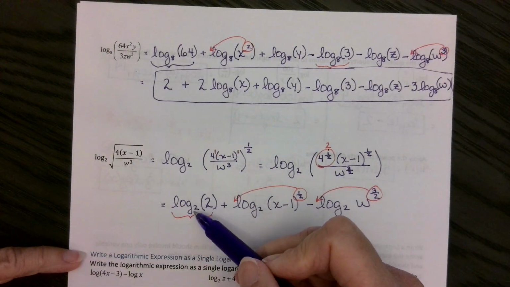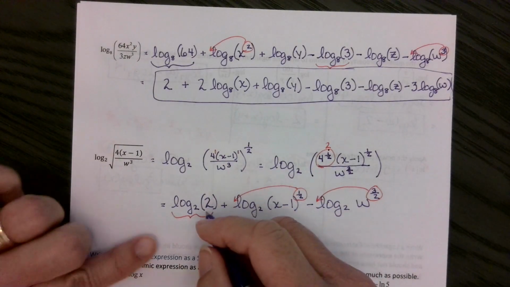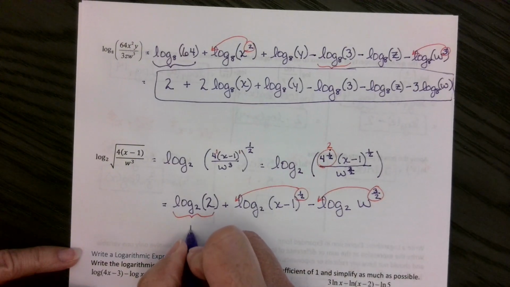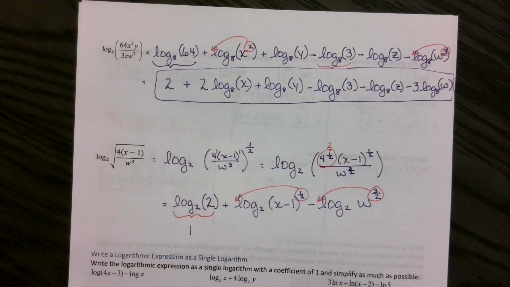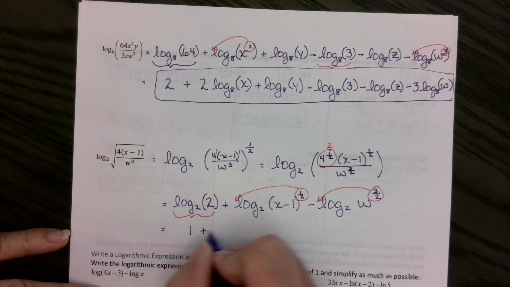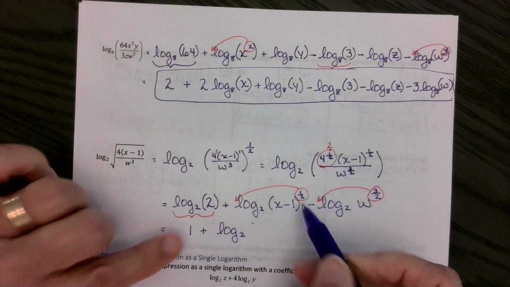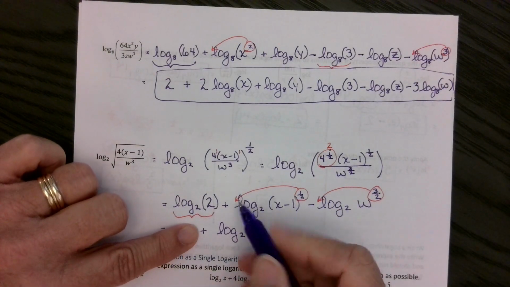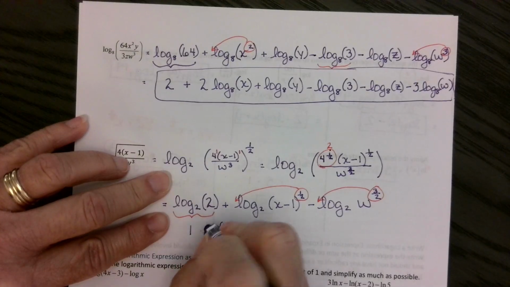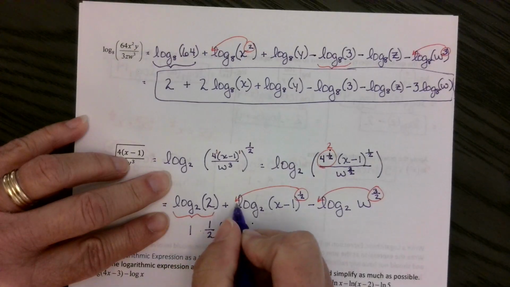All right, is there any power that you can raise 2 to get 2? This is that rule, one of those properties. It's 1. When our base and our argument are the same, our answer is 1 because 2 to the first power gives us 2. Plus log base 2, oh, you know what? I forgot to move this. 1/2 goes to the front. So I have 1/2 times that, and it's a plus sign.